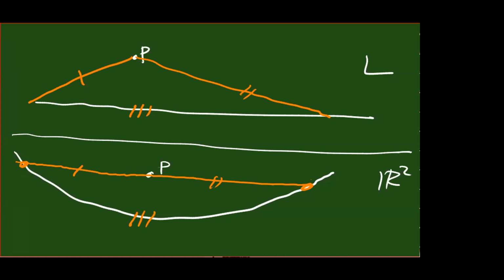And we get a contradiction, right? We know that 1 plus 2 must be greater than 3 by the triangle inequality. But on the other hand, here we know that 1 plus 2 must be smaller than 3 by the same triangle inequality. Ba-bam, right?